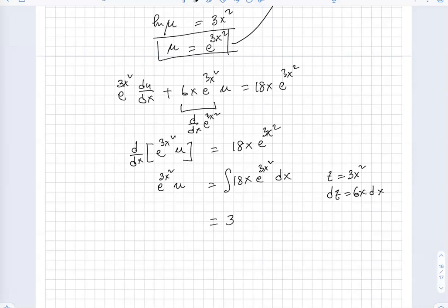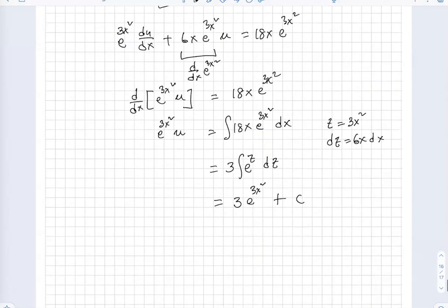So 3 times the integral of 6x dx would be dz, e to the z dz. That gives 3 e to the z, replace z with 3x squared, plus the constant of integration c. Now divide both sides by e to the 3x squared to get u on the left hand side.